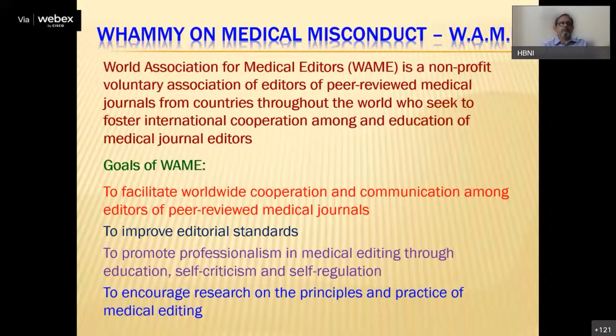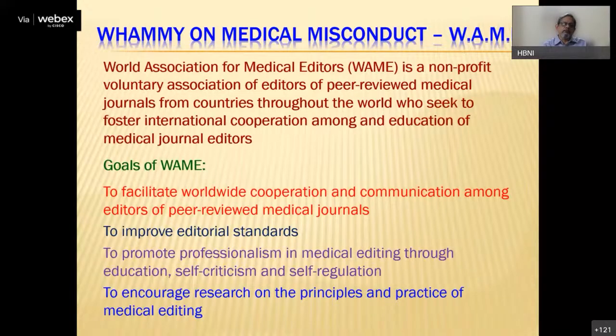So this kind of cooperative effort is to improve editorial standards also. Then to promote professionalism in medical editing through education, self-criticism and self-regulation.